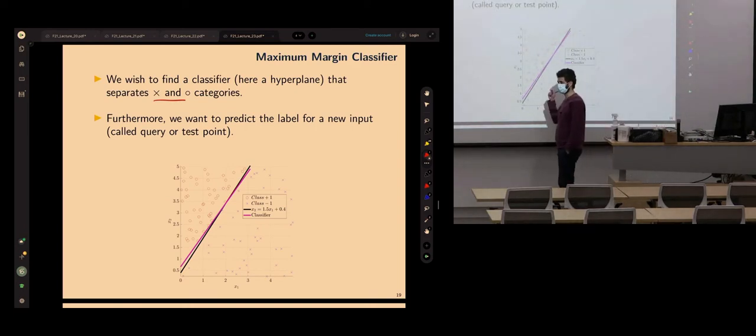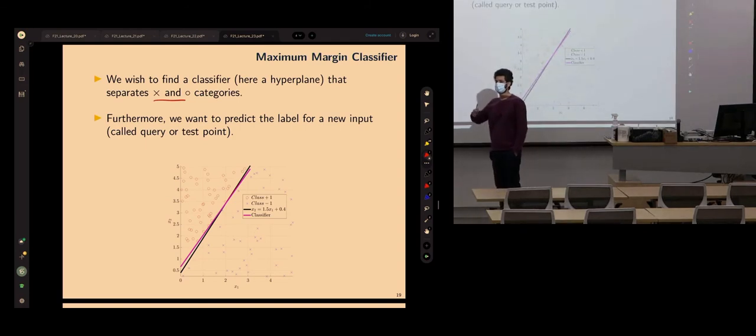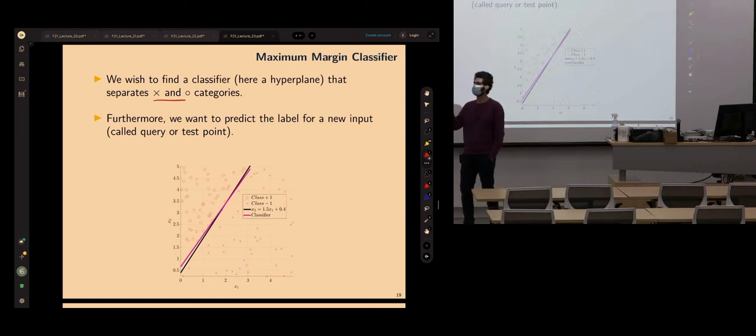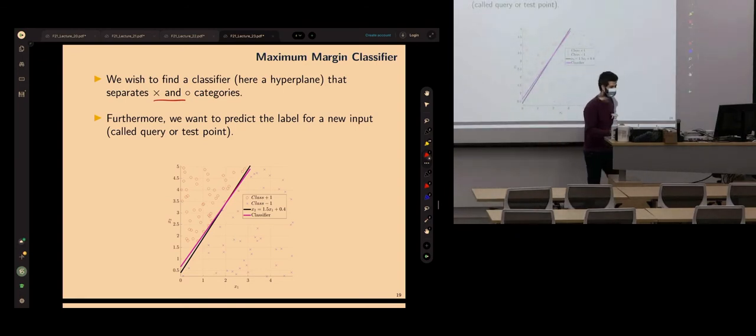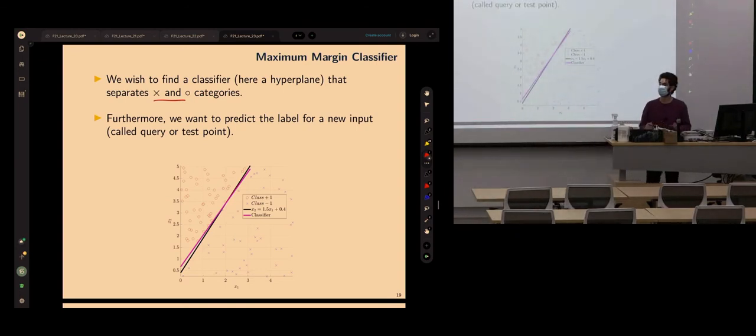In addition, we want to be able to use that model, the hyperplane, to classify a new input. If I give it a new example that it has never seen before, I want the classifier to assign one of these two categories to that input, right? That's very important. Historically, that's the distinguishing factor between statistics and machine learning, but the boundaries are very blurred.